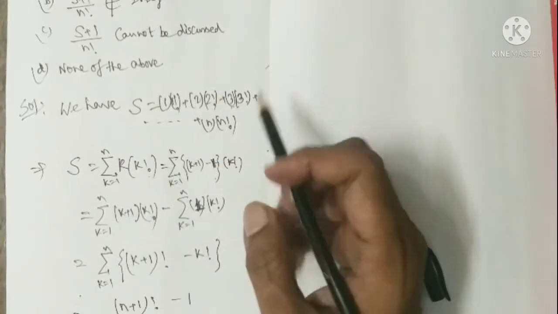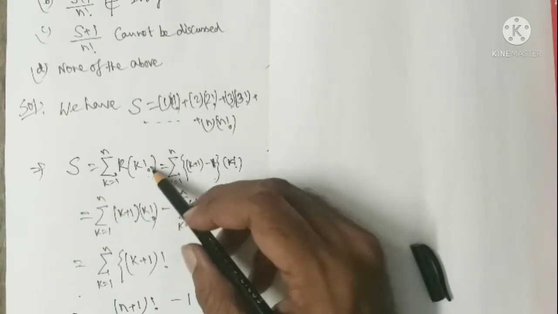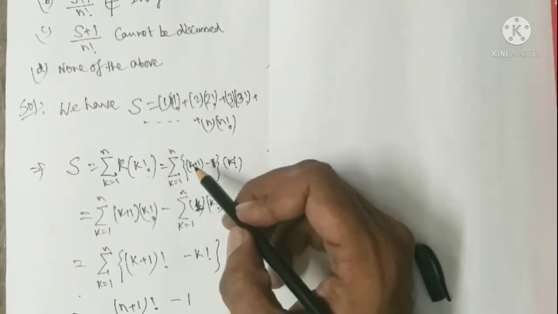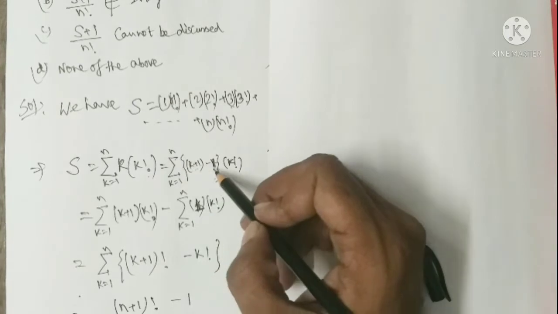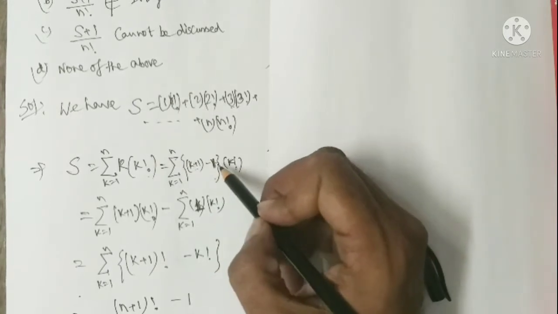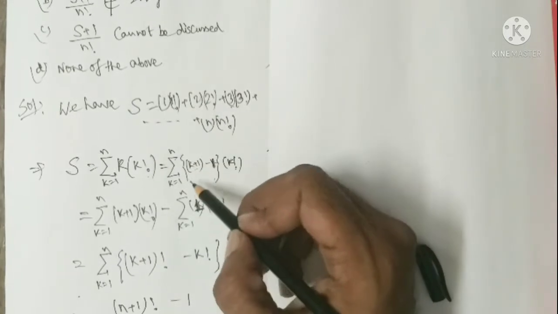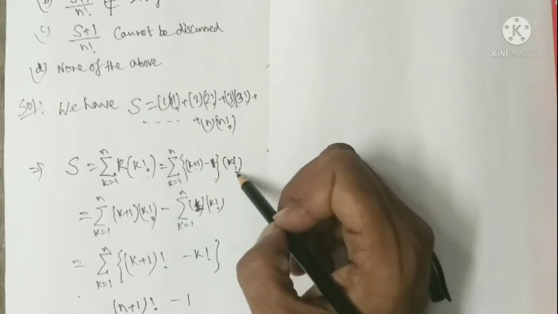Adjusting this term to our comfortable form, k equals (k plus 1 minus 1) into k factorial, this minus 1 plus 1 will be cancelled and k into k factorial remains the same.